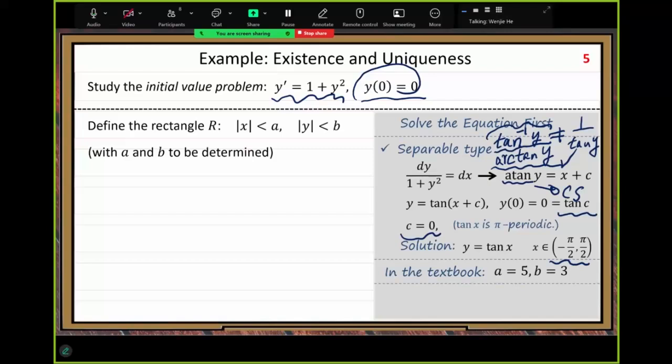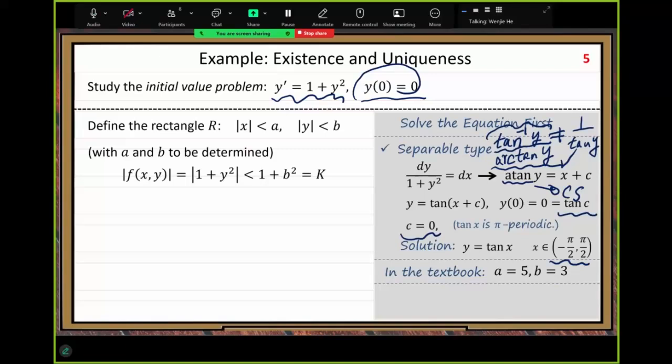But here, I want to do a little more than our textbook example. So I keep the unknown A and B.